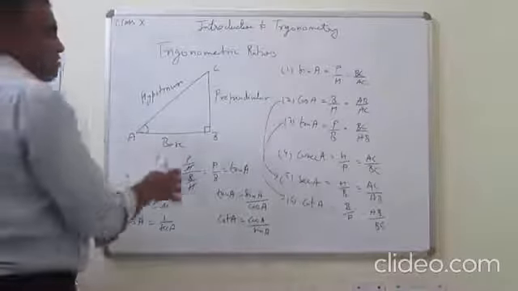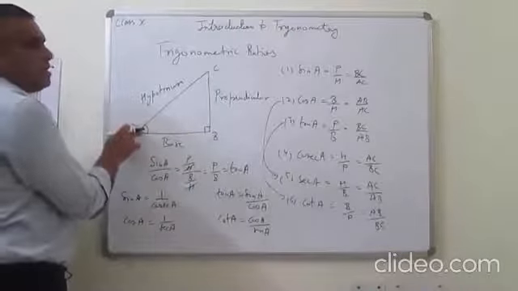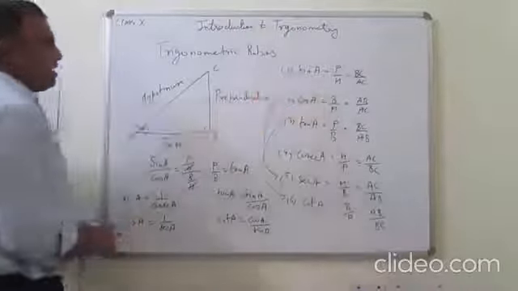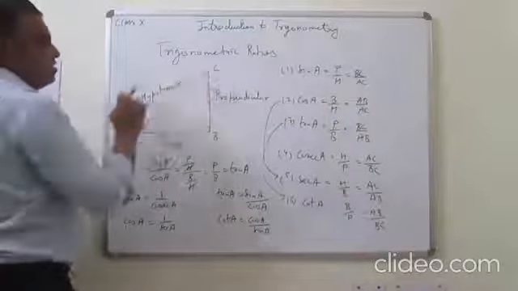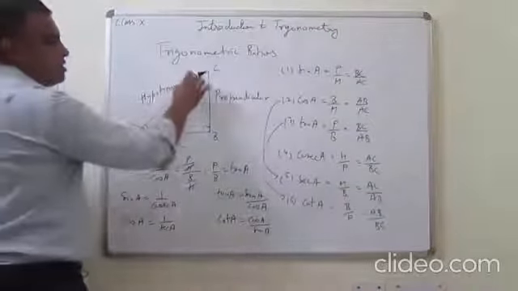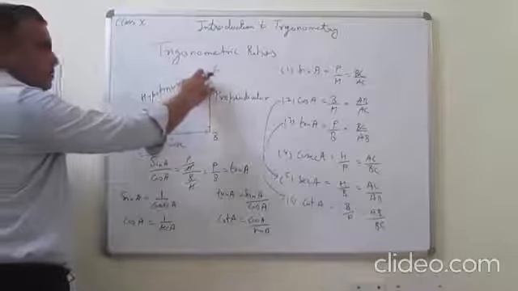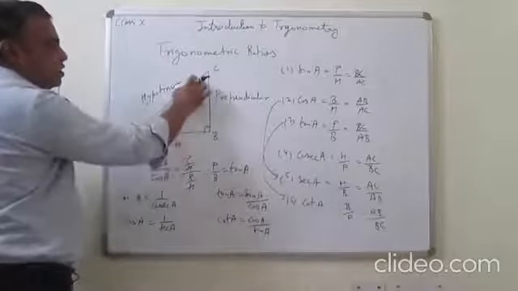Now, I will change the angle. Here the angle is A. Now I will take angle C instead of A. Now if I take angle C, the perpendicular is changed. Perpendicular is the side opposite to the given angle.